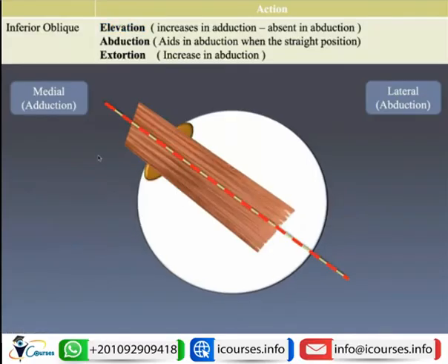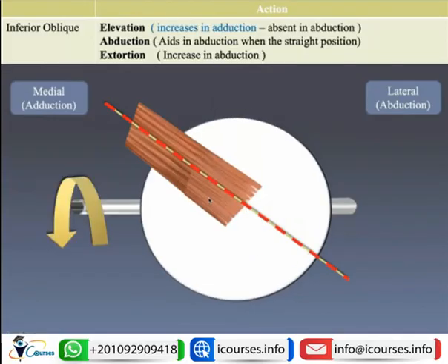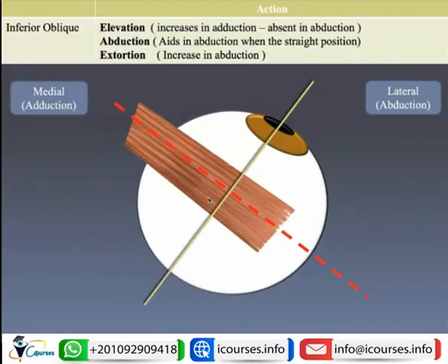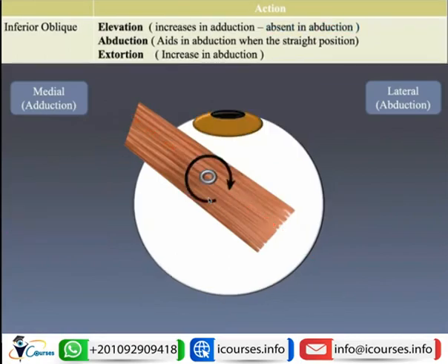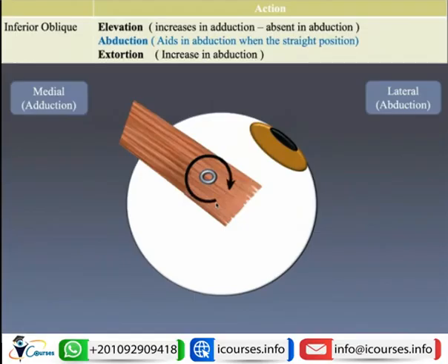This elevation will increase in adduction because the muscle axis will be the same as the optical axis, but it will not occur in the reverse. It will not occur in abduction, so the muscle will not be acting in abduction. Then, by taking the insertion of the muscle as a center of rotation, if it contracts, this will lead to abduction.